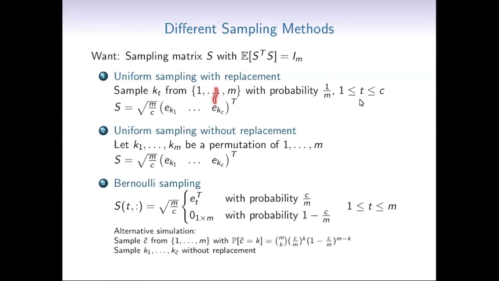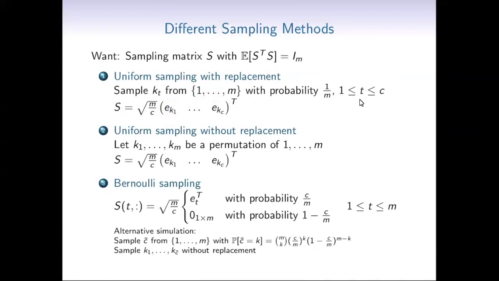This means you pick an integer, put the corresponding row with that index in the sampling matrix, so it can extract that row, throw this back into the bucket, and then do it again. So you could sample the same index twice or thrice. So this sampling matrix would have the same row. It would extract the same row from the matrix twice or thrice.